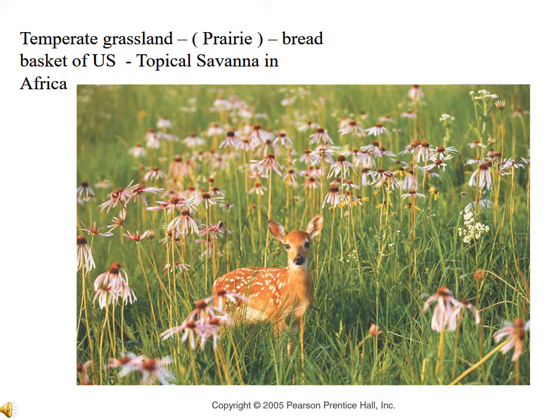This is the land of the buffaloes. We also have the tropical savanna in Africa, and this is where you see large herds of wildlife, zebra. This is where you find your lions preying on their particular prey.